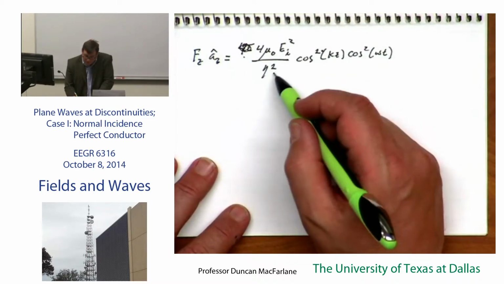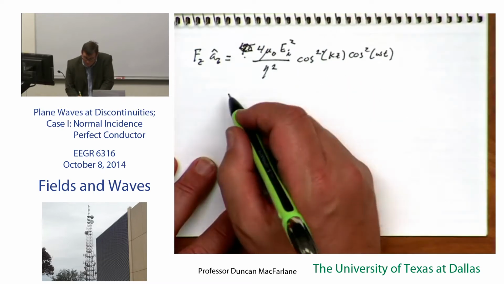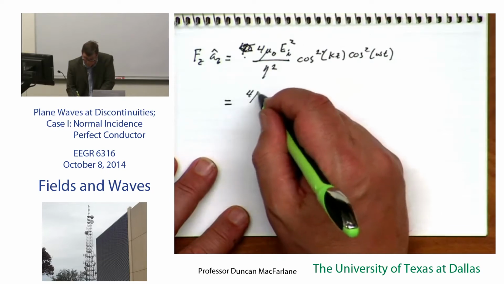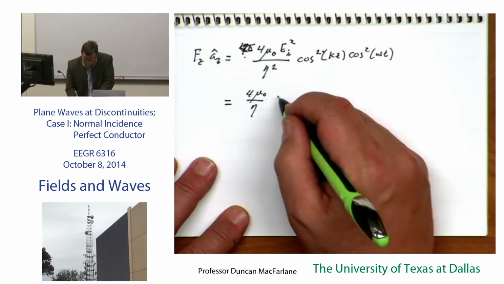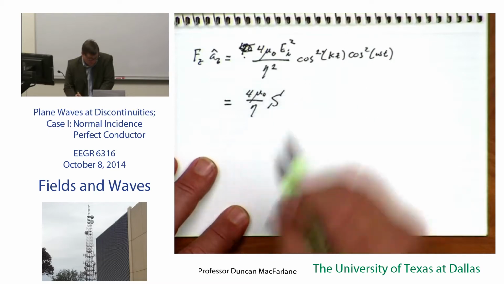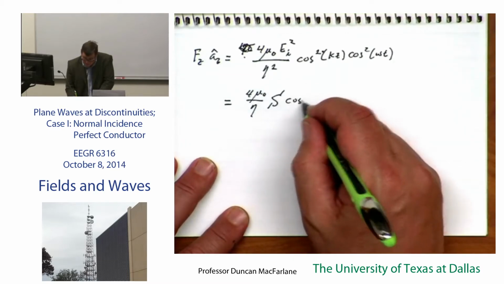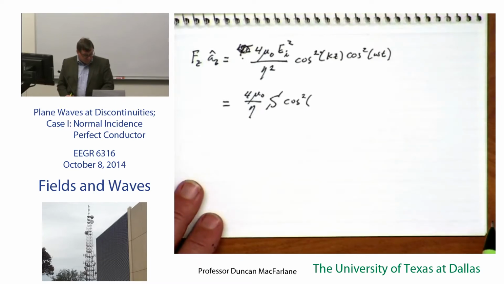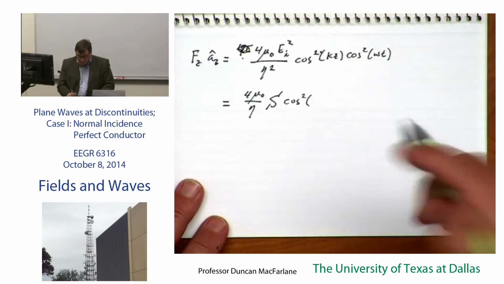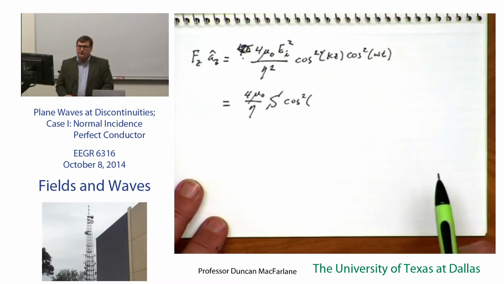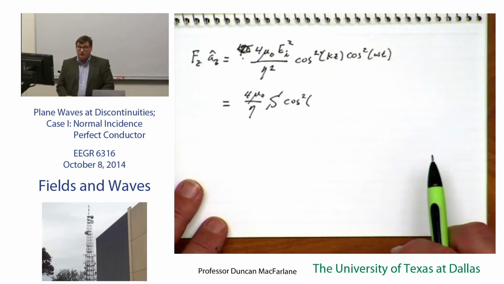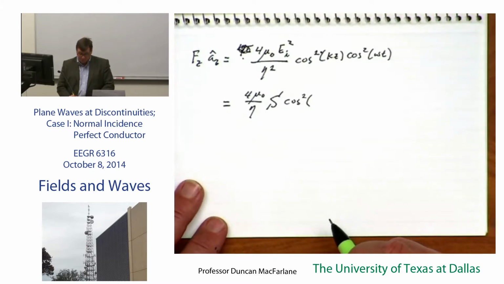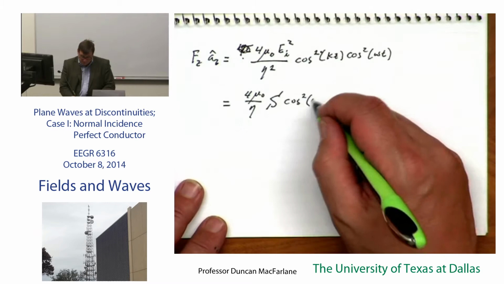The E_I over eta, E_I squared over eta, is written as an S. The kz term is sort of spurious because we're at z equals 0, so this term is just 1. And so I have a cosine squared of omega t.